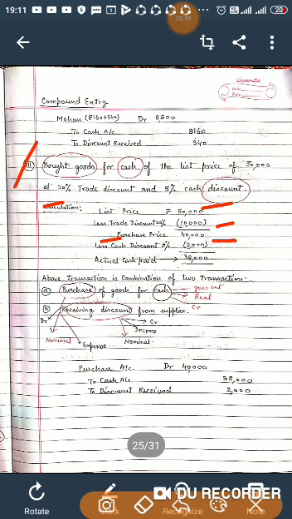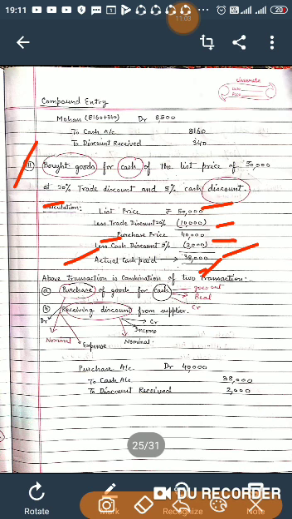So out of this purchase price we are also receiving cash discount of 5%. So 5% is also deducted, that is 2,000, and the amount remaining is 38,000. So this 38,000 is the actual cash paid to the supplier.